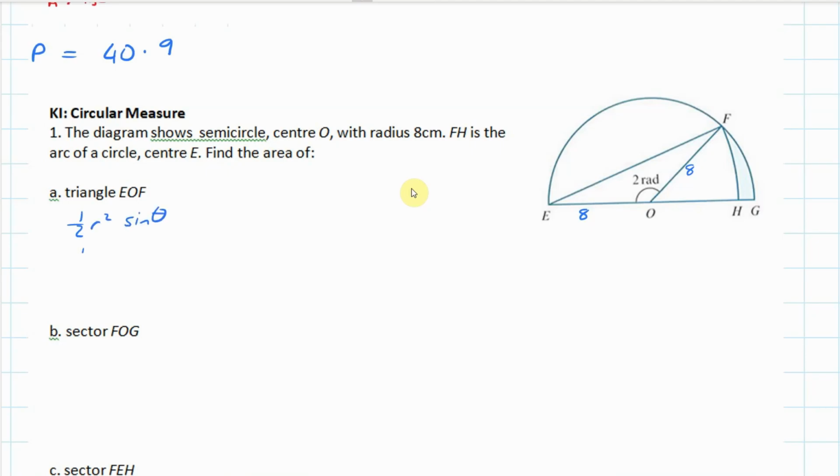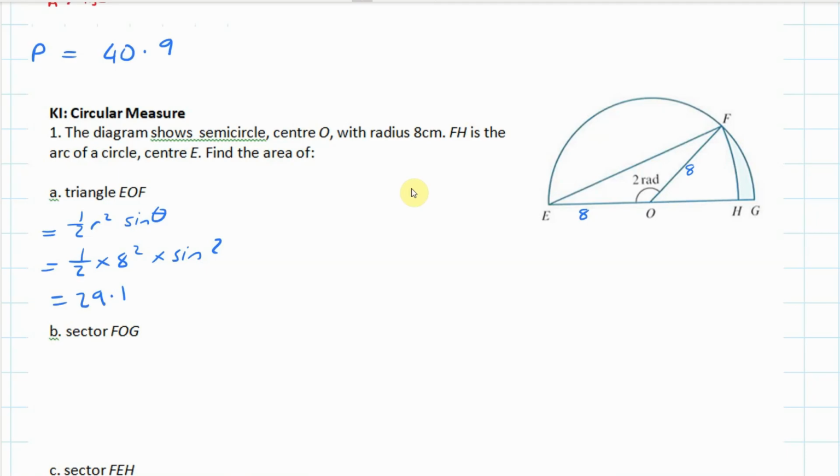Make sure your calculator is set to radians, so it's going to be half times 8 squared times sine 2. And when I chuck that in my calculator, making sure that I'm set to radians, which I'm currently not, I'm getting 29.12, 3 significant figures, but I'm going to save the unrounded number there as A.